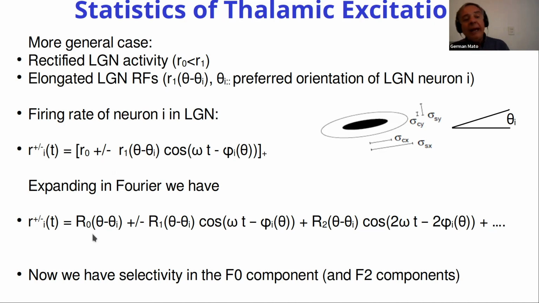Now we have an average component that depends on the elongation angle, an R1 component, and also R2 components. Now there are higher order harmonics, so we will have selectivity in F0 and also F2 components.